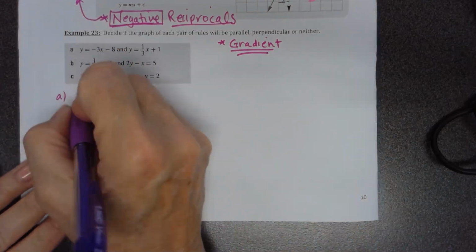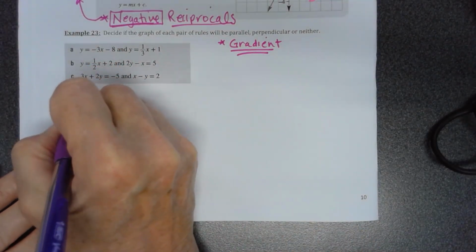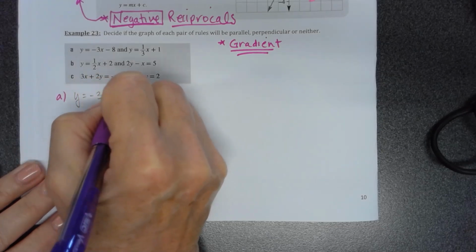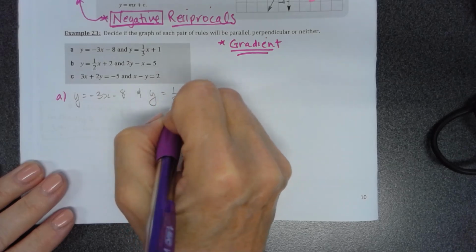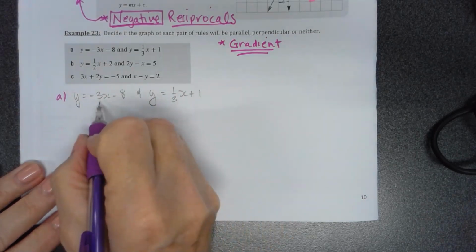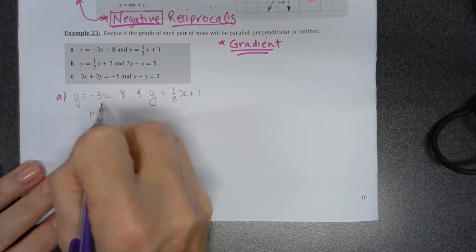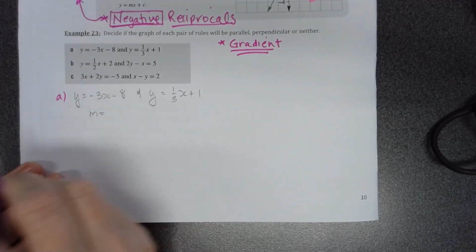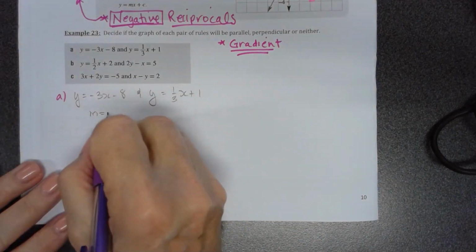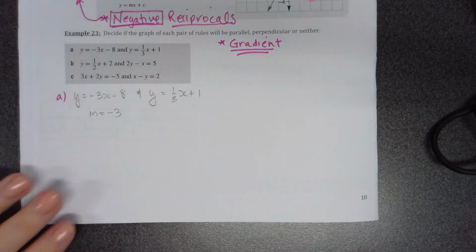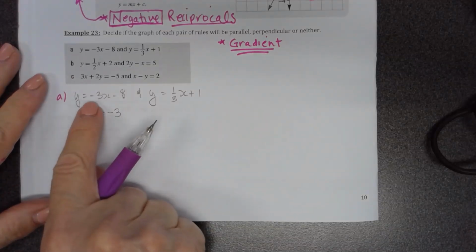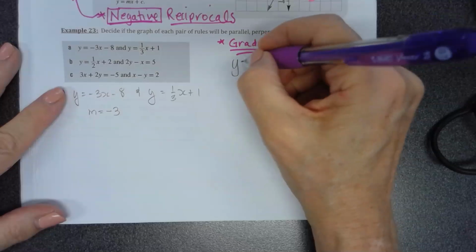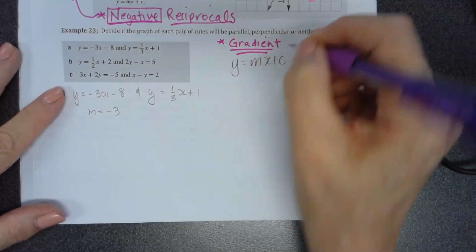In A, I have the gradient. The gradient of this first one is what? Let's just make it -3. I don't care if you put over 1, though. Okay, so y equals mx plus c. Okay, so the gradient is -3.